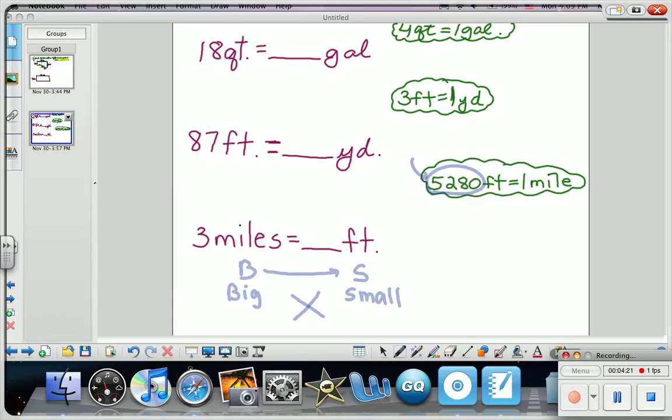So I'm going to take my conversion factor and I'm going to multiply it by 3. So I'm going to take 5,280 and I'm going to multiply that by 3. 0 times 3 is 0, 8 times 3 is 24, 6, 8, and 15. Double check that. 0, 24, 8, and 15. So 3 miles is equal to, I'm not going to be able to fit it in here, 15,840 feet.